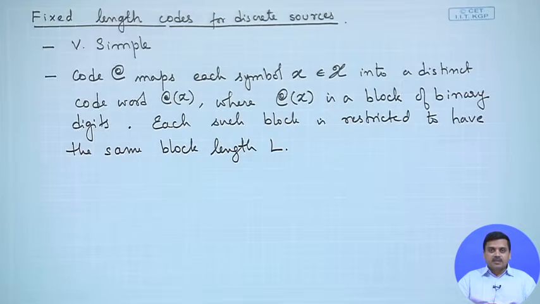When we say fixed length code, what we mean is that a symbol A or B or C or 1, 2, 3, 4, whatever it is, gets mapped to a sequence of binary digits, and when A gets mapped to a sequence, B gets mapped to another sequence, the lengths of these sequences are the same. So that is fixed length, and that length is fixed to L.